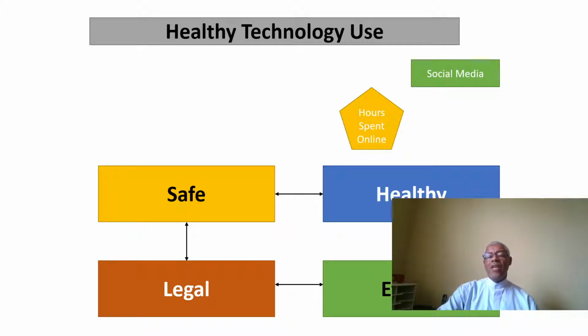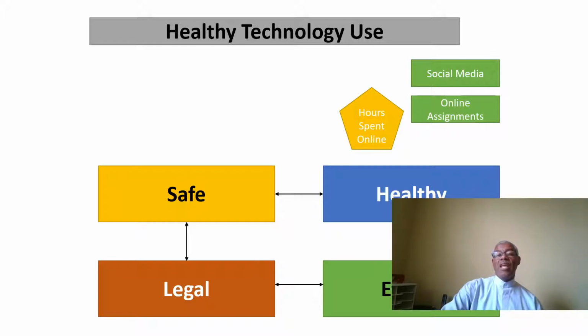It can get unhealthy at times. Online assignments. That's one thing instructors can consider when they're giving online assignments. Hopefully, the student is not already overusing social media in general.